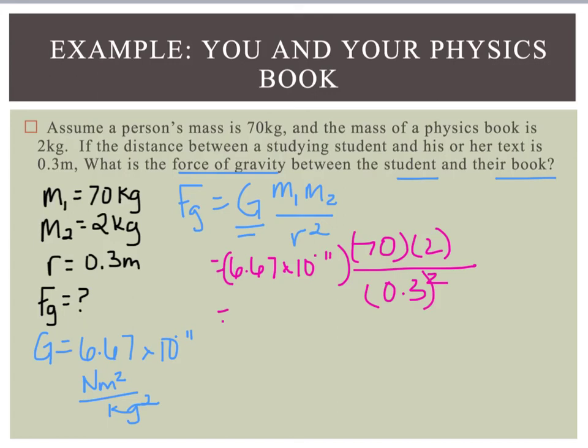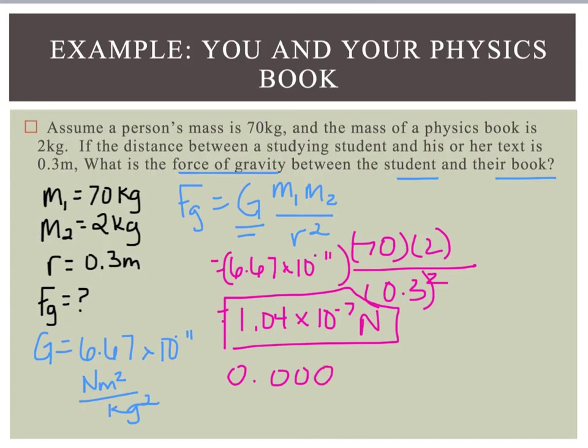If I do all of that and plug it into my calculator, I get a value of 1.04 times 10 to the negative 7, and this is a force, so we come out with a unit of newtons. That 10 to the negative 7, if we wrote that out in decimals, we'd have 0.000000104 newtons.